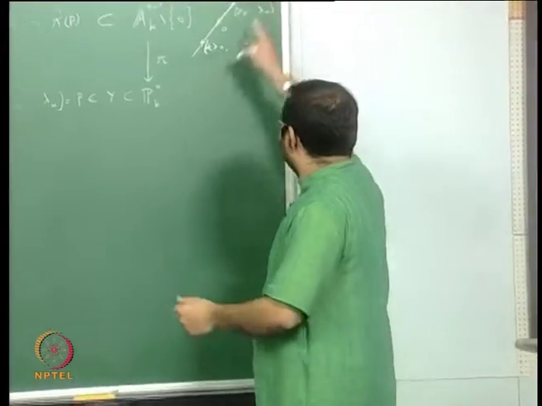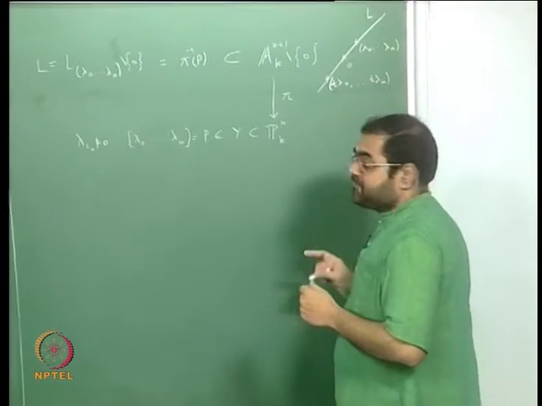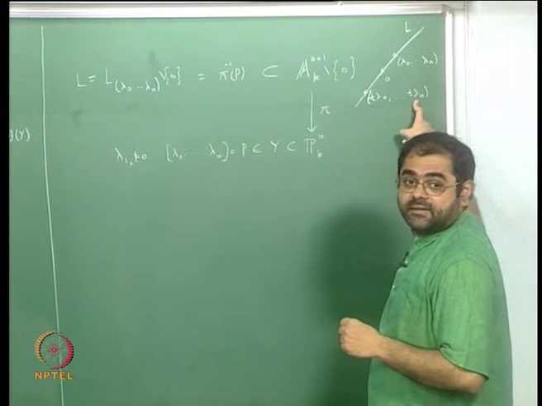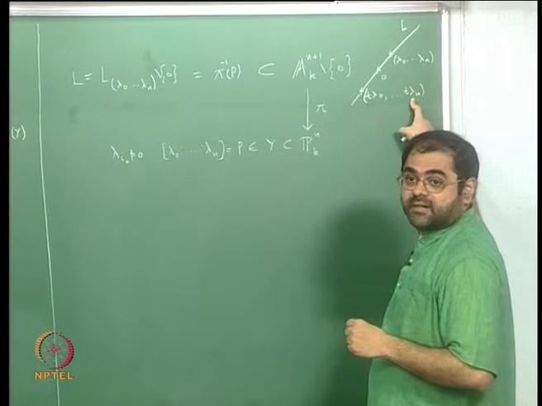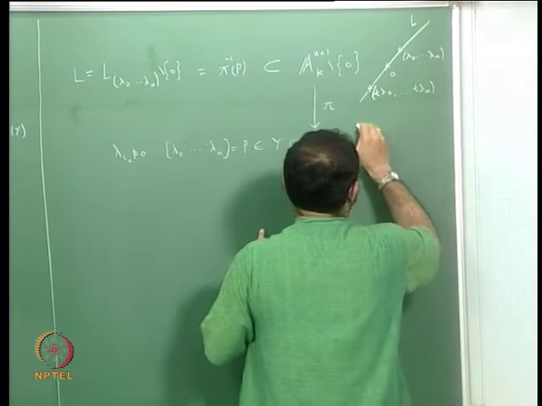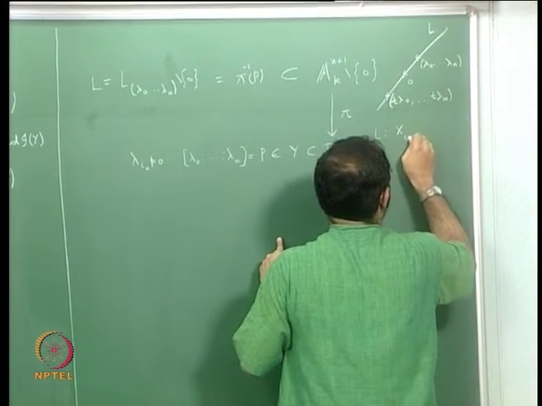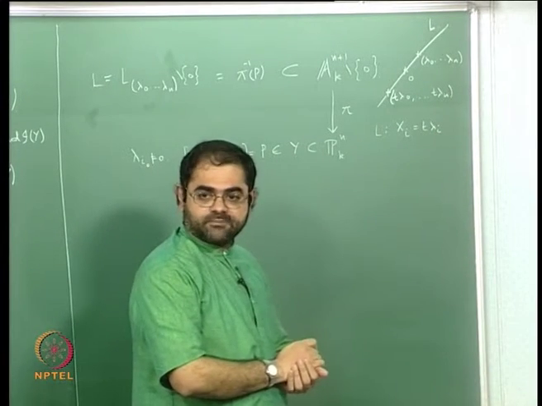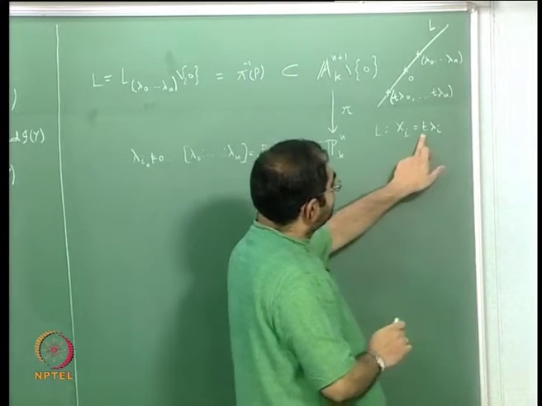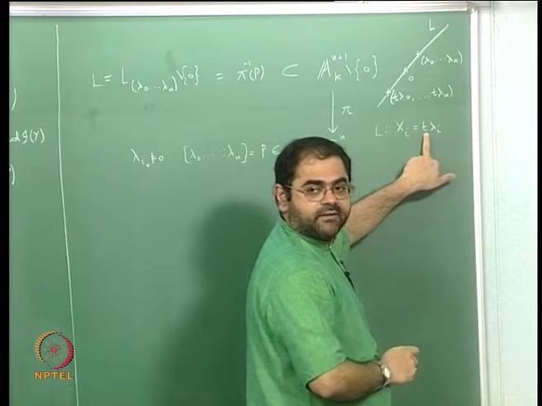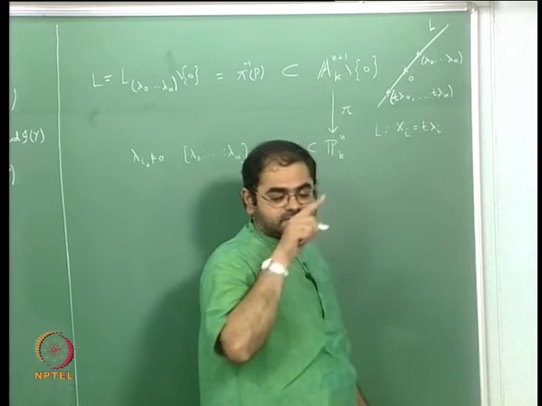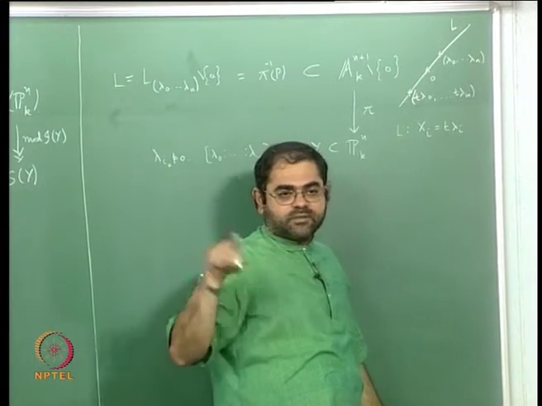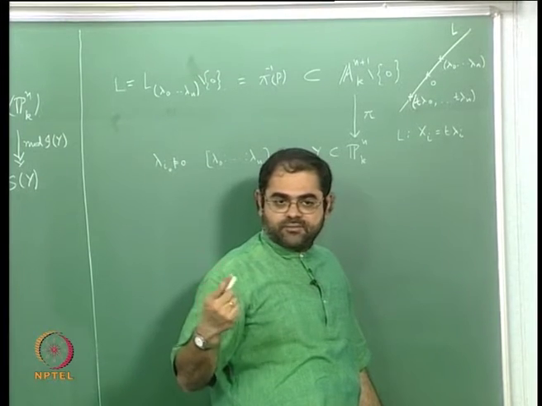So the ideal of this line is simply gotten by eliminating t from the equation of a general point on this line. So this line is given by x_i = tλ_i, where t is a parameter, and if you eliminate t, you will be writing x_i/λ_i = t = x_j/λ_j, but then you cross multiply it because some λ_i or λ_j may be 0.